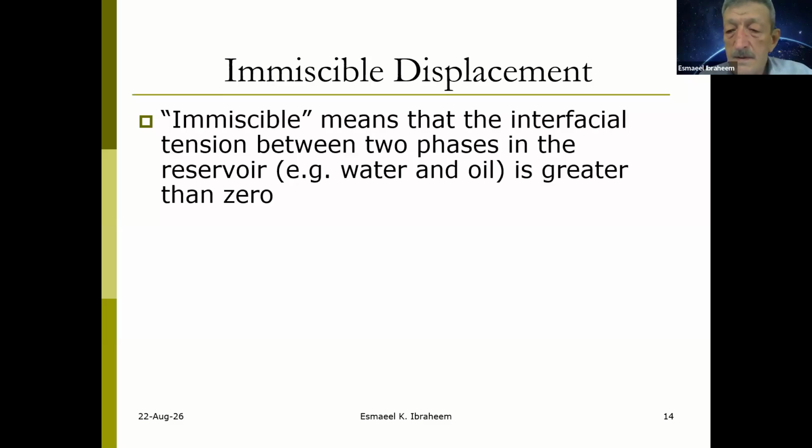What does it mean? It means that it is most important to have the mobility ratio right, because you need the flow of water to be easier and faster than the oil, so they don't mix together.